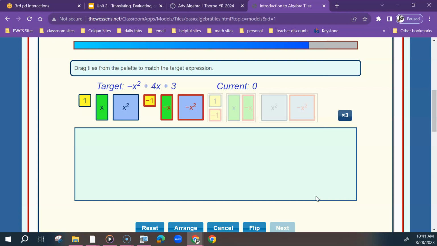Honestly. So you would. I'll do that. Are these x's or these x squares?